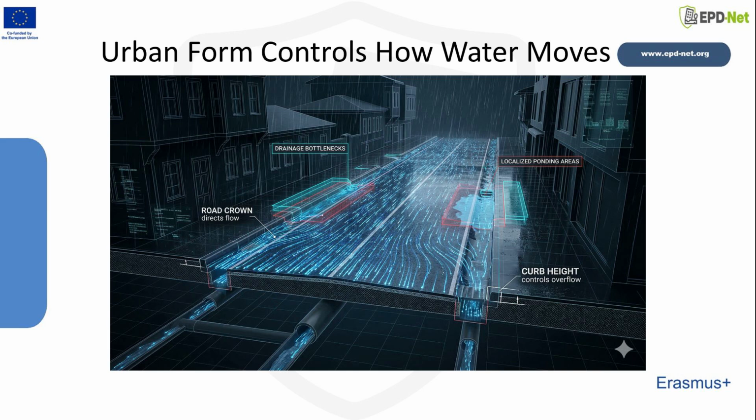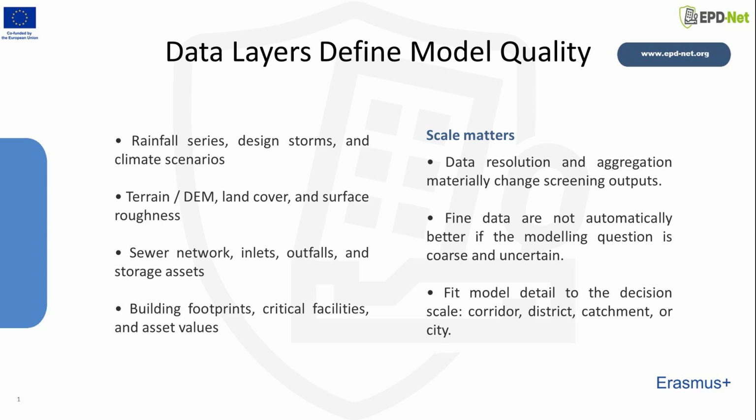Finally, the exposure pattern, building density, land use intensity, and the location of critical facilities, determines what is at stake when streets flood. From a design perspective, this means you can intervene at multiple scales. At parcel scale, you can slow and store water with permeable courtyards, rain gardens, and green roofs.